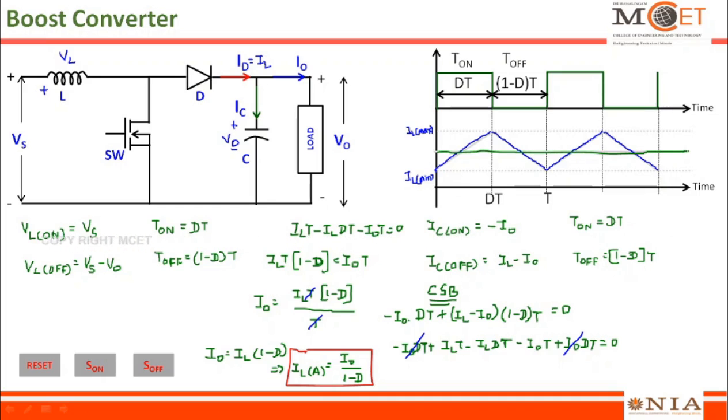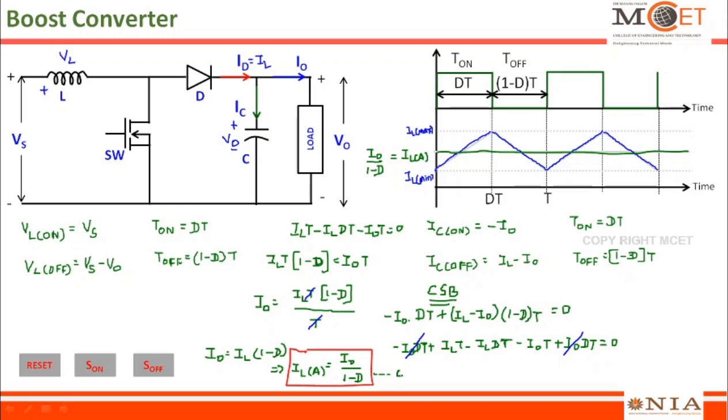So I call this IL average, and this IL average is equal to I naught whole divided by 1 minus D. So this is the important expression. This is equal to I naught in the case of a buck converter, but now it is I naught divided by 1 minus D. It is dependent on the duty cycle, whereas in the buck converter it is independent of the duty cycle.